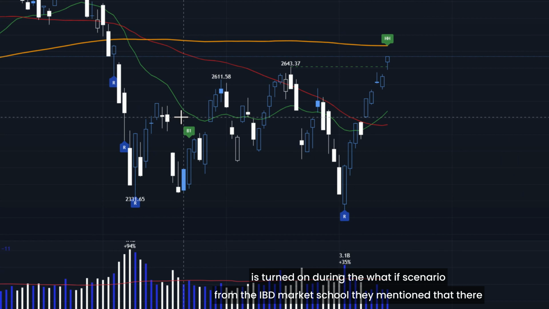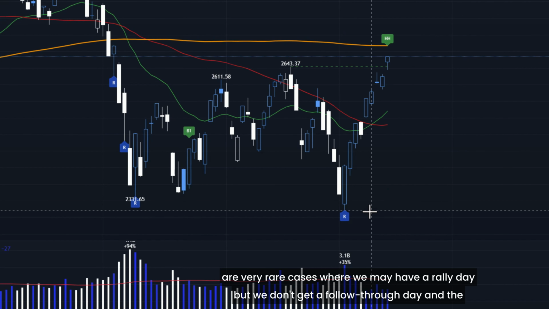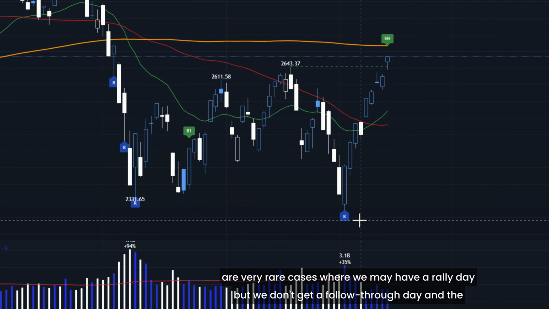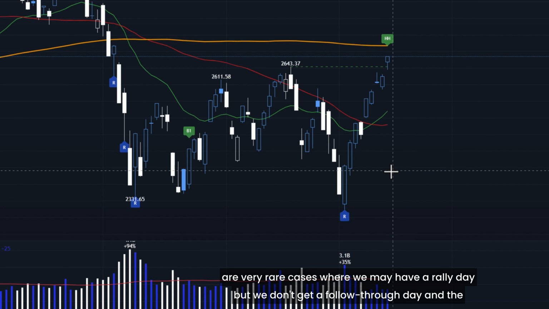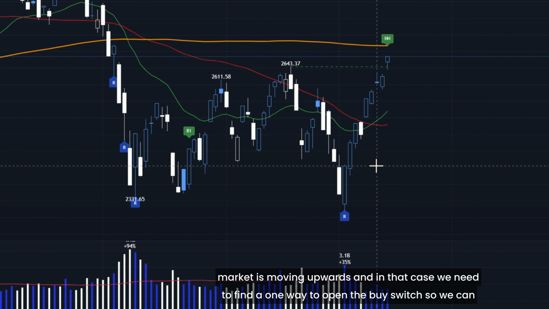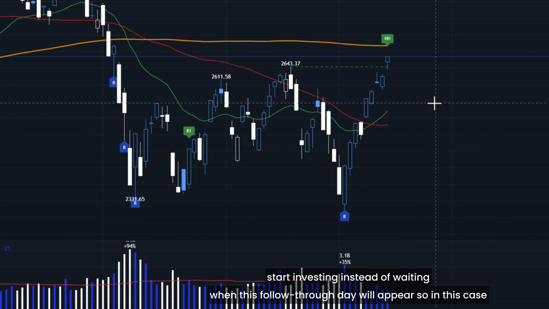During the what-if scenario from the IBD Market School, they mentioned that there are very rare cases where we may have a rally day, but we don't get a follow-through day, and the market is moving upwards. In that case, we need to find one way to open the buy switch so we can start investing instead of waiting for when this follow-through day will appear.